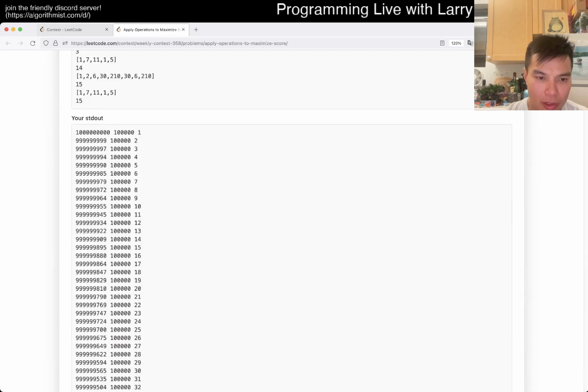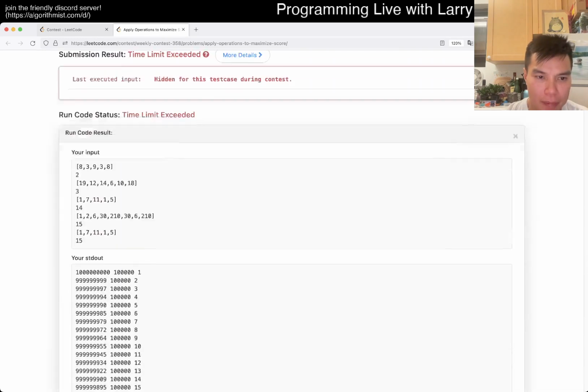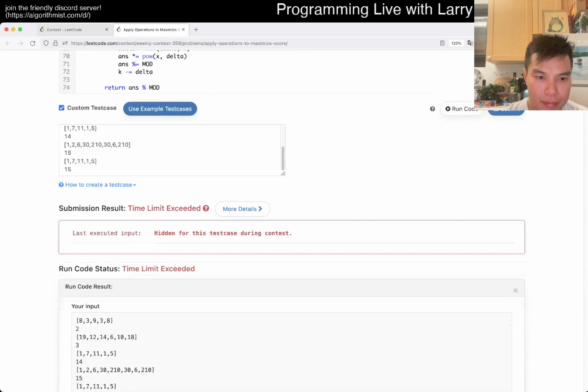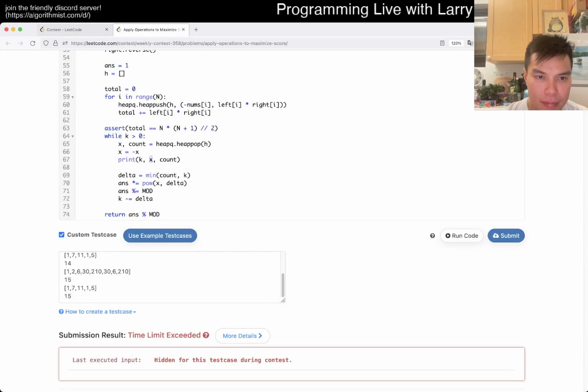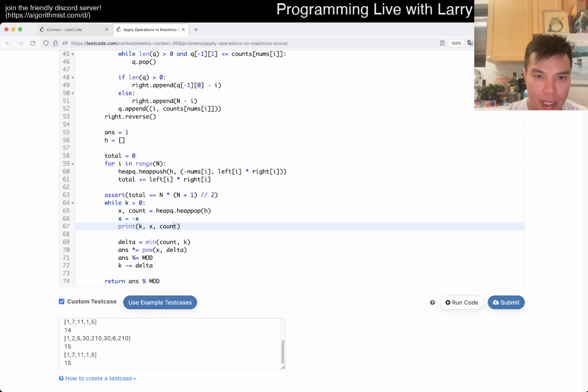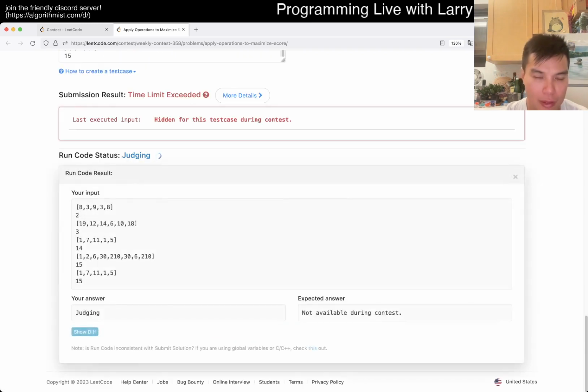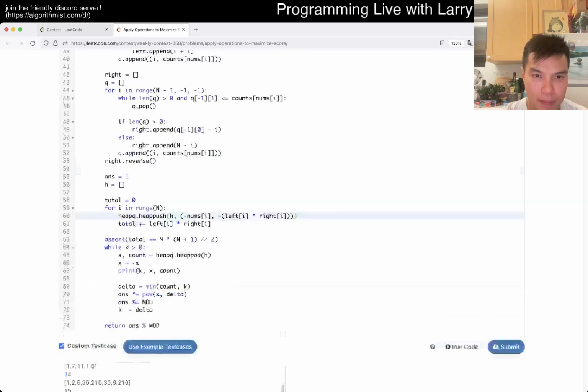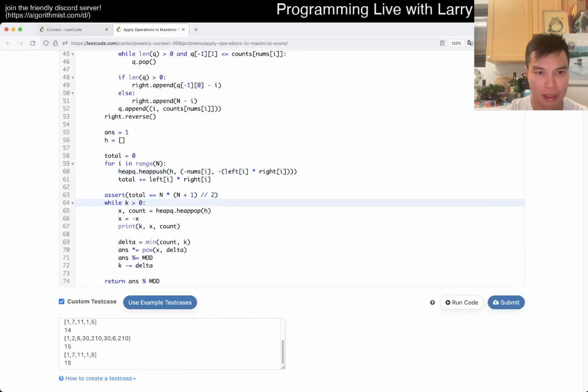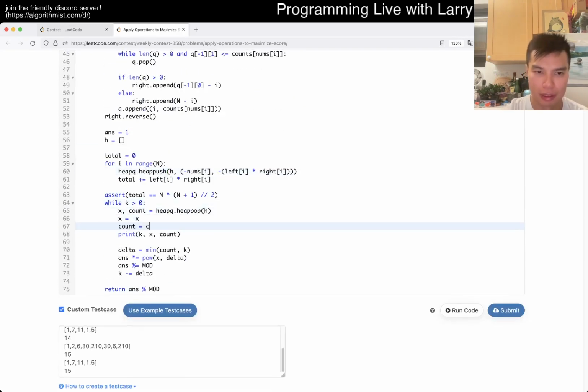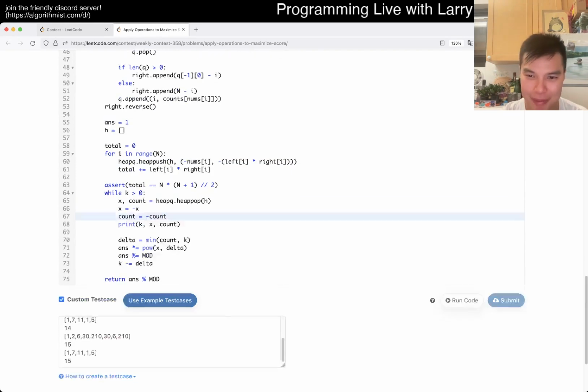I guess I was wrong. I said that this doesn't matter if we choose the biggest or smallest, but I guess it does a little bit. I explicitly said it didn't matter, and I guess it doesn't.